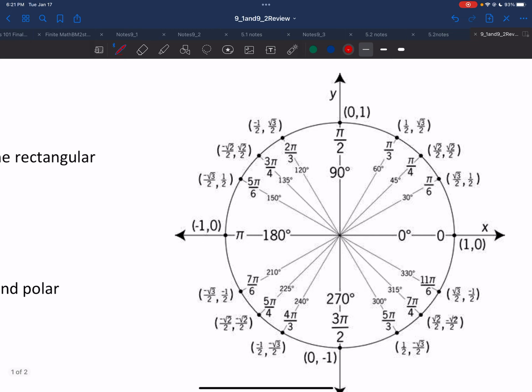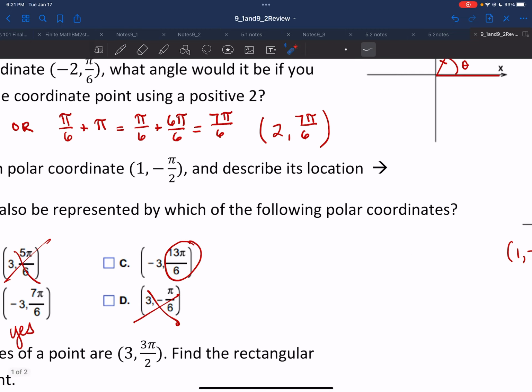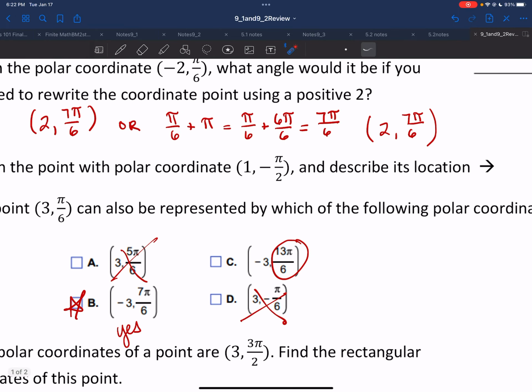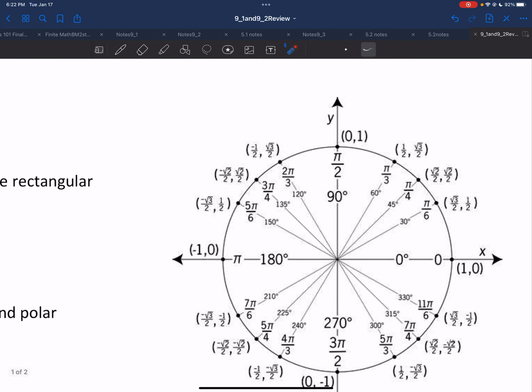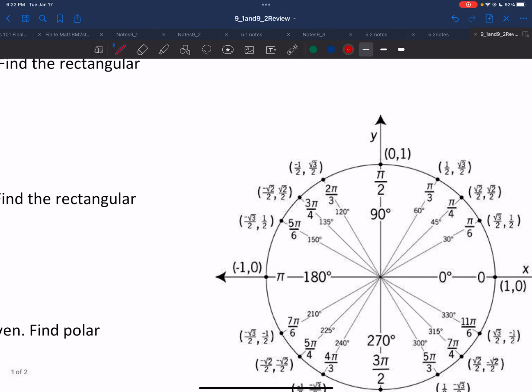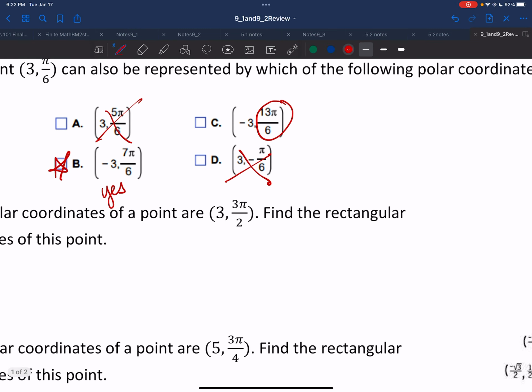So that would be, let's see here, (-3, 7π/6). Okay, so this is π/6. If this is my angle, and -3 should have me over here in this area. They're saying -3 and this angle, which is not going to work. You can't just exchange -3 and positive 3. So on that one, that is a no. So you only have one option, which is B.